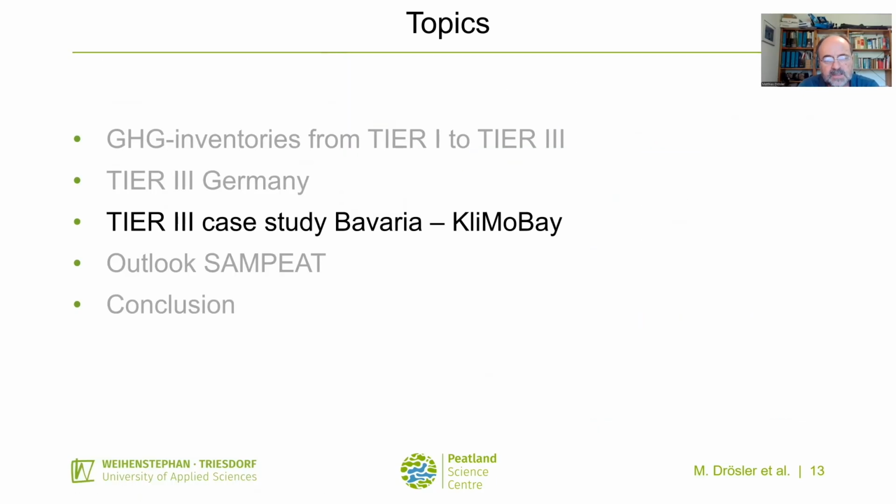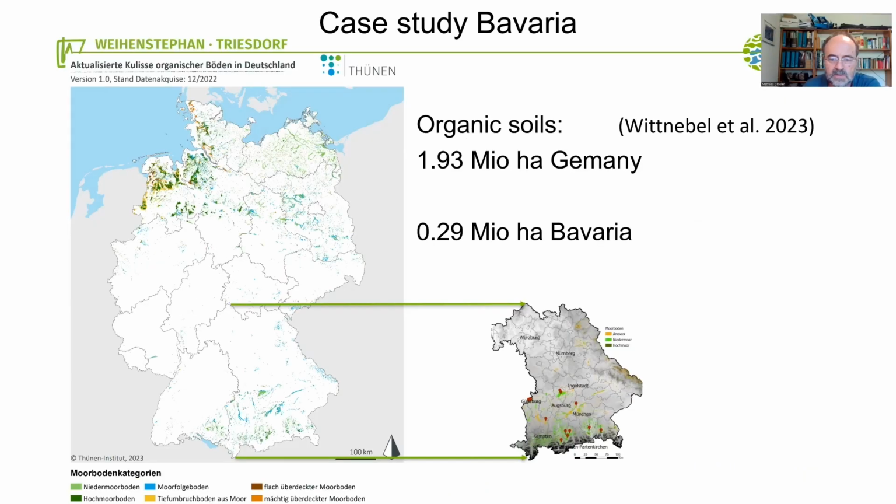We were not completely satisfied with the level of dependency and regression, and for that reason we looked a bit more in detail at a case study of one area of Germany, in Bavaria. That is that part here. You see that is a province of Germany with 290 thousand hectares of organic soils.